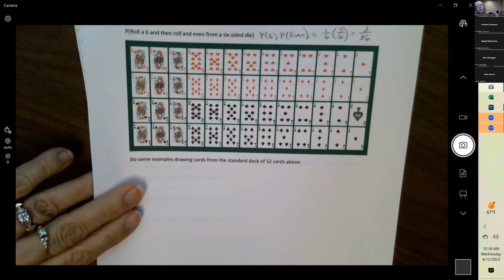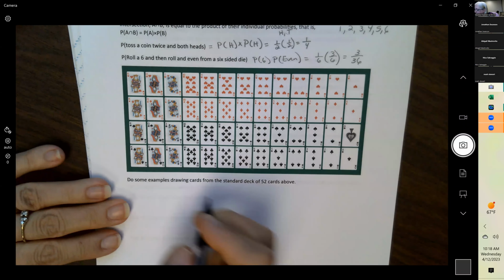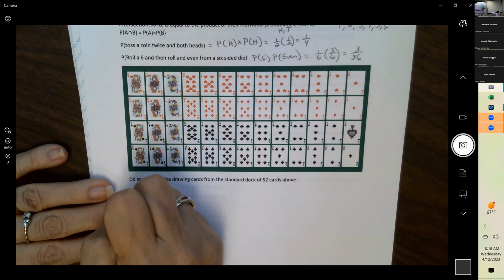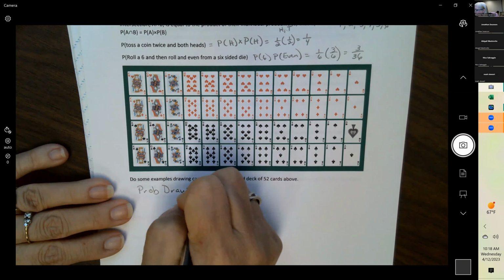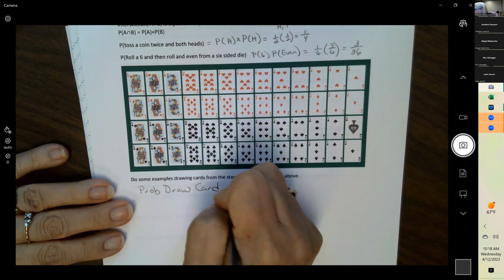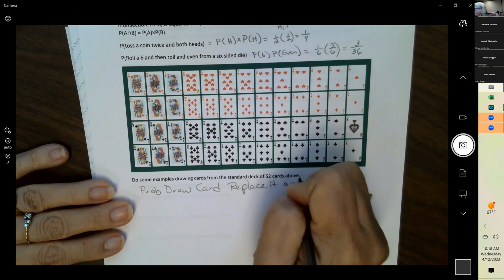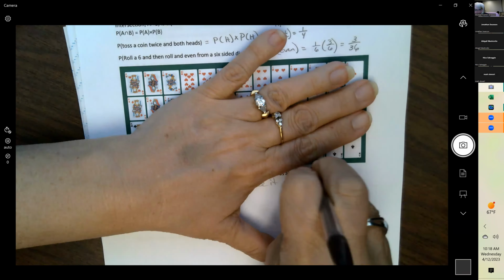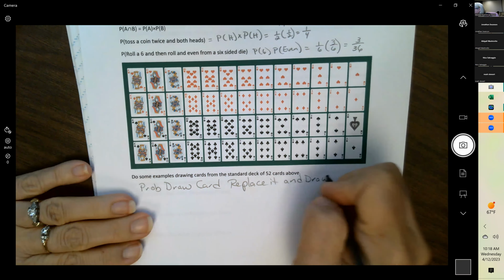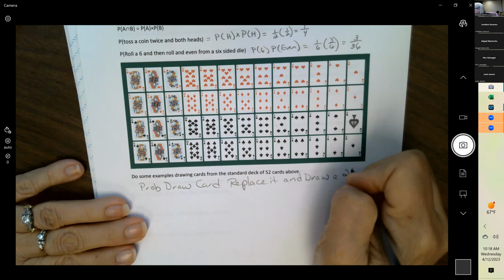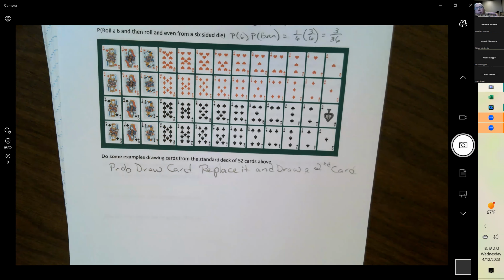Okay, let's look at some cards. We're going to start with replacing it.